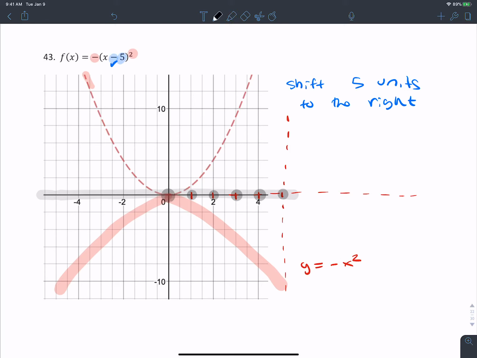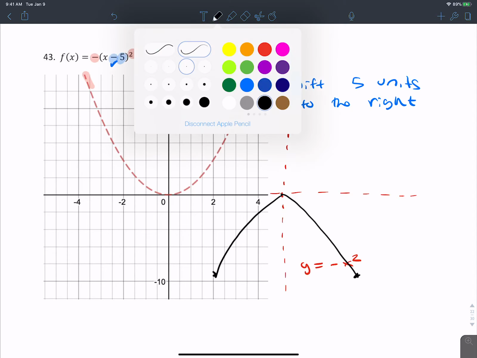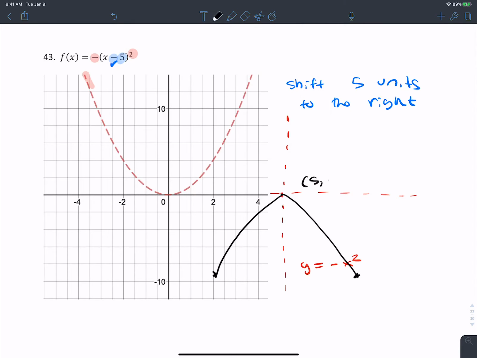And now we get to draw our parabola going down. And that's the graph here. We just shifted everything to the right 5 units, but what we really shifted was the minus x squared curve. Now, again, you don't need this reference. And my new vertex will be simply 5, 0.